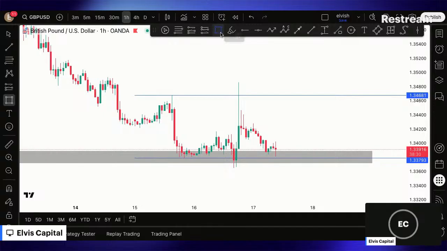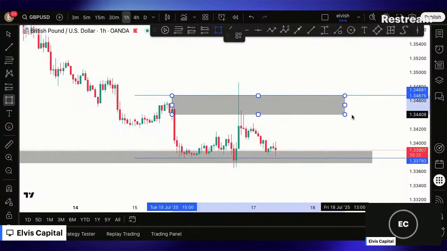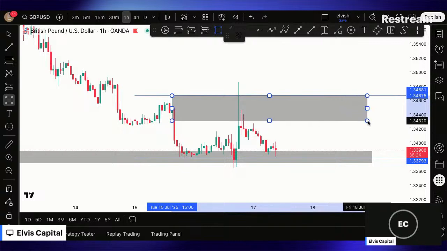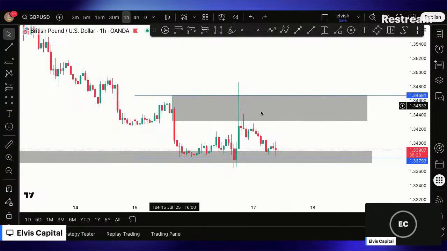As you can see, this is the candlestick that we were looking at, the candlestick in the 1 hour time frame. This was the zone that we were looking at, but as per now, this is not respected, but you see we're having this level down here.